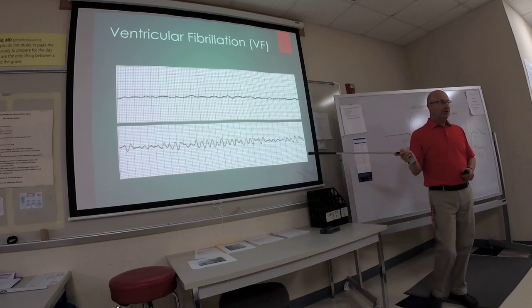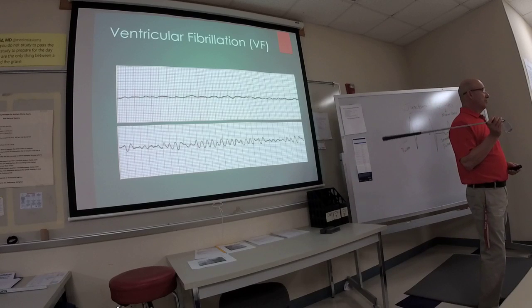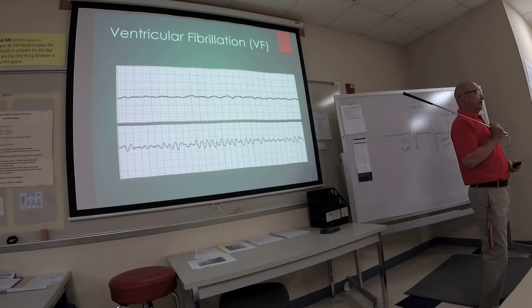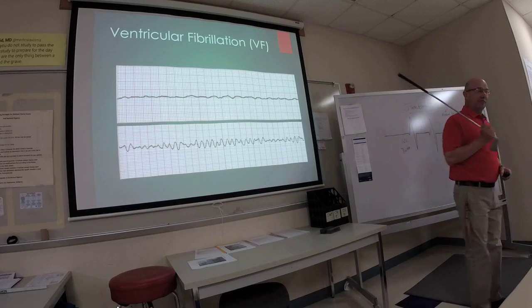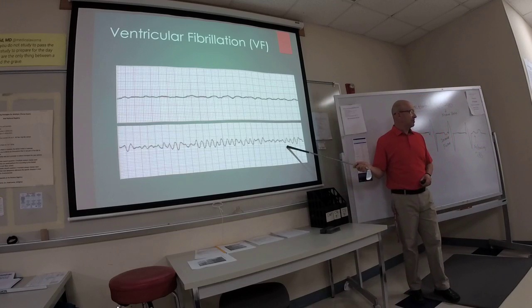It's V-fib. If you're at the hospital and you're in the ER room and there's nobody else in there and you're waiting around checking things out and you look up at the cardiac monitor and you notice this, what do you do? Yeah, press the blue button. There's no one around.